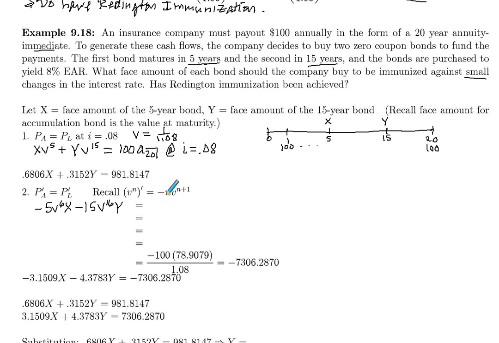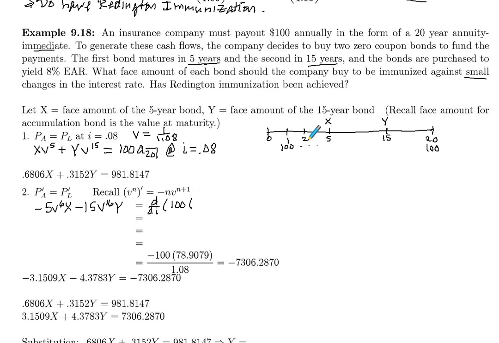So this is going to be equal to, and this is derivative with respect to I here, because we're using modified duration. So 100 A angle 20 is going to be the derivative of 100 times the sum, where this 100 is brought back with v.